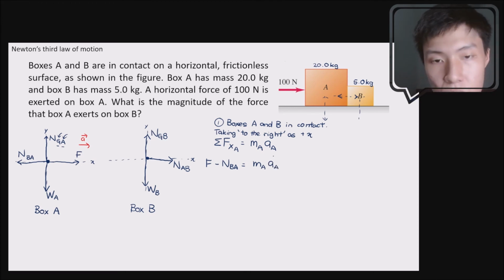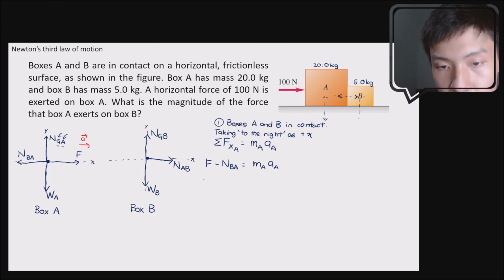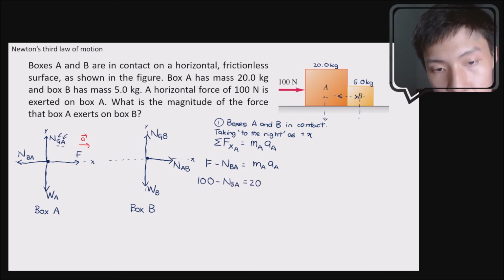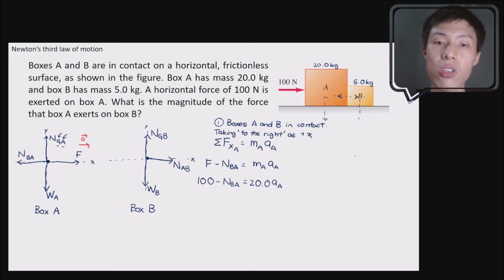Okay, so this is our equation for now. You know that F is equal to 100, N_BA you don't know, mass of A is 20.0, aA is this. Okay, so that's all that we know for now.